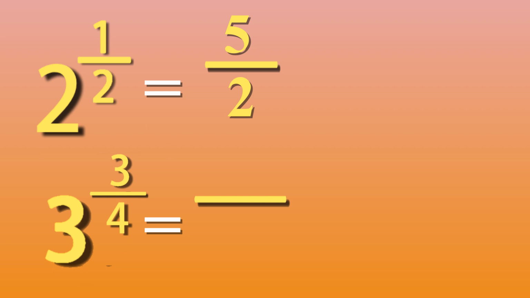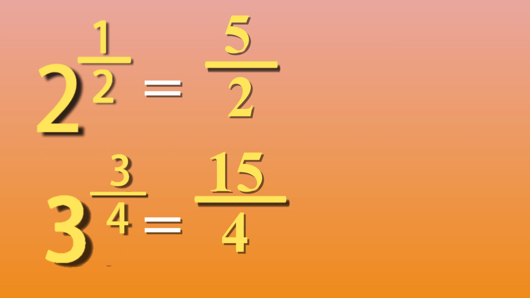5/2. Now we convert 3 3/4. Move a copy of the numerator of the fraction, 3, to the right hand side. Multiply the whole number by the denominator of the fraction, that's 3 times 4, which equals 12, and add that to the right hand side numerator. That's 3 plus 12, which equals 15. Then we bring a copy of the denominator of the fraction to the right hand side, so we've got the fraction 15/4.